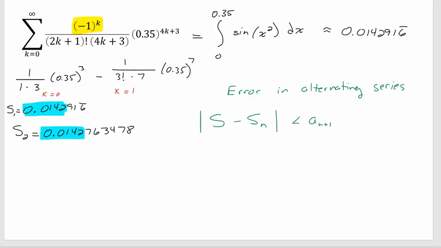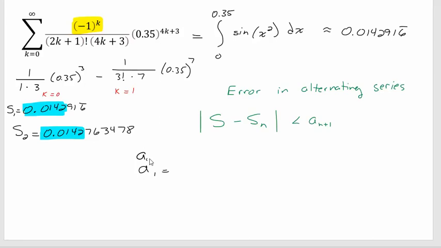So if I look at this first term right here, if I look at the value of that when k is 1, which is the second term. So let's call this a sub 1. When k is 1, that's this term.